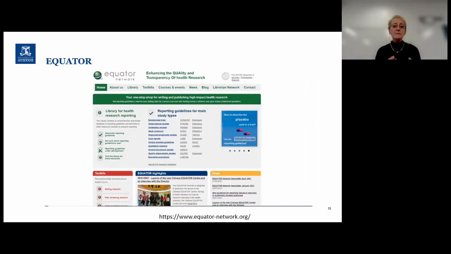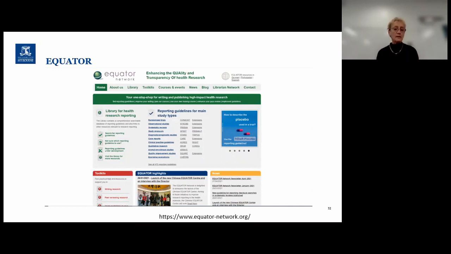EQUATOR has specific guidelines for reporting all of the main types of studies, whether it is an observational study, a case study, a qualitative study, and a lot more.